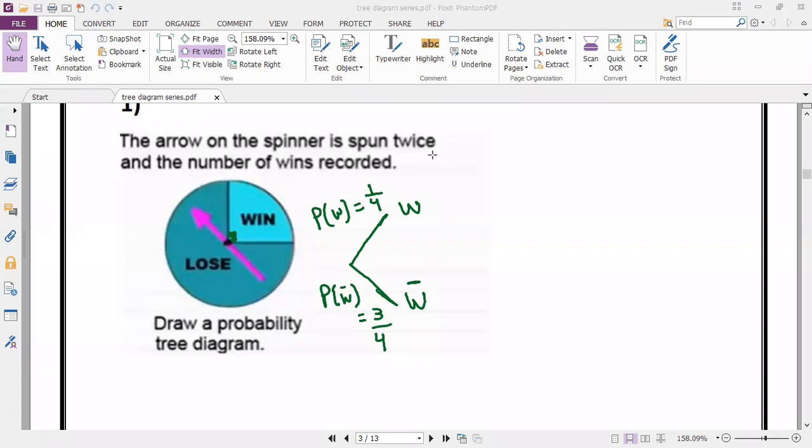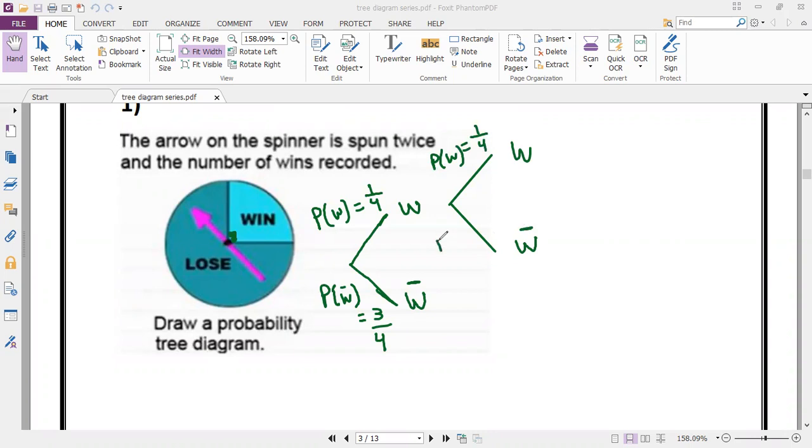For the second spin, we have another win, and not winning. So we need the probability, so we must write P(W) equals what? 1 out of 4.